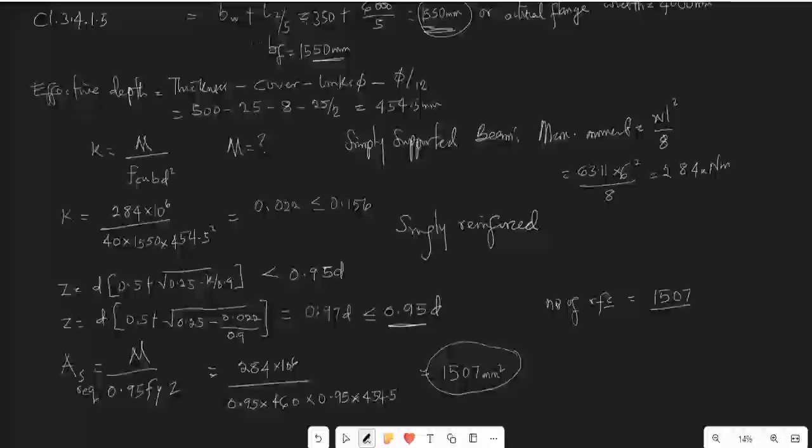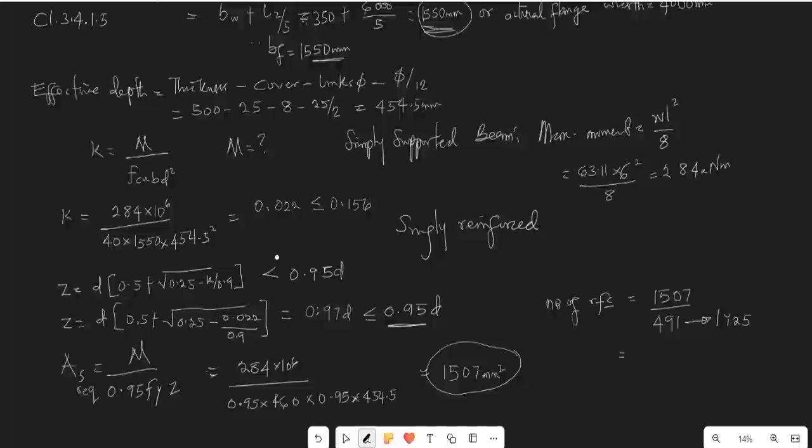Number of reinforcement or bars, whatever you want to call it, equals 1507 over 1 Y25. This one is 1 Y25. So we have 1507 divided by 491.